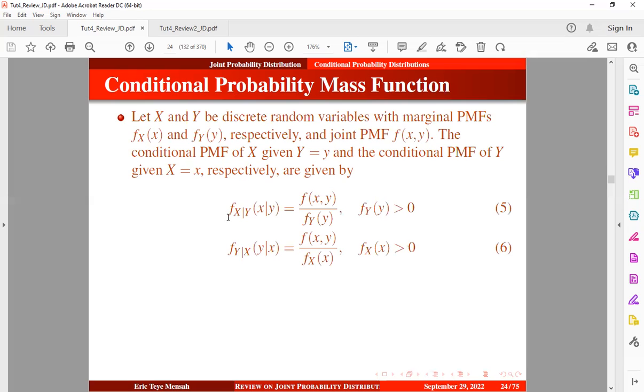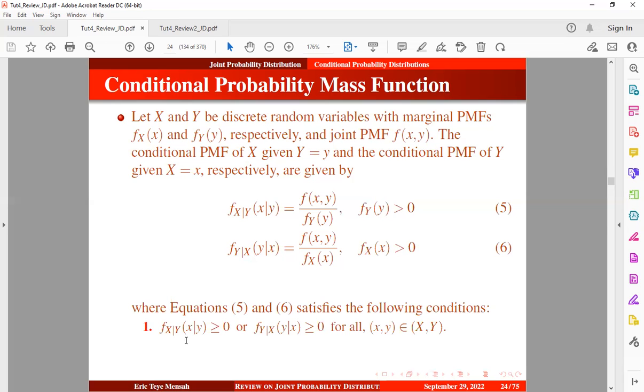So we know that we can express the conditional PMF of X given Y in this form, as well as the conditional PMF of Y given X in this form, based on our previous knowledge on conditional probability. These equations must satisfy the following conditions.